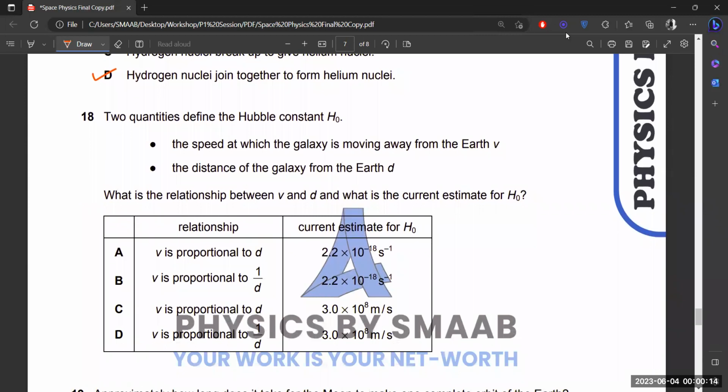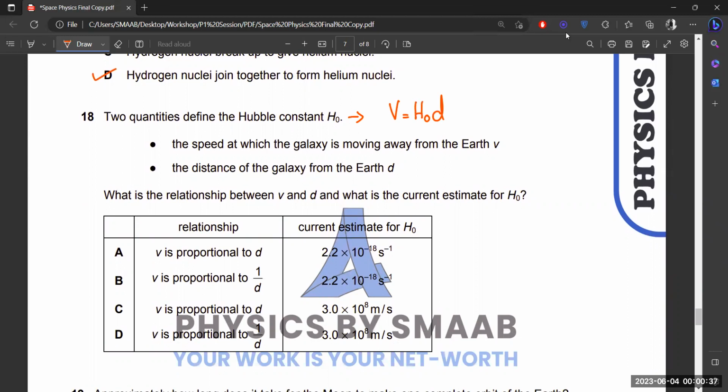Two quantities define the Hubble constant. Basically, this is related to the Hubble constant, and the formula is speed equals Hubble constant multiplied by distance. They already mentioned the speed at which the galaxy is moving away from the Earth, v, and the distance of the galaxy from the Earth, d. So H naught is the constant, and you just need to memorize the constant value.